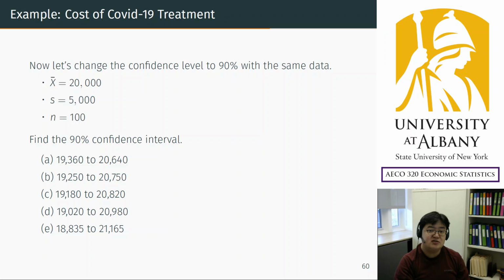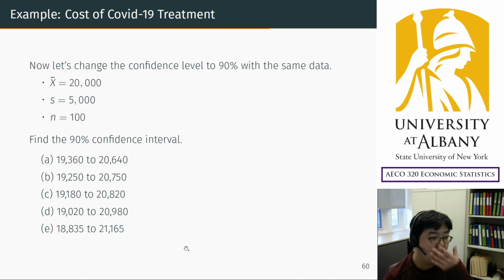Now let's change the confidence level to 90%. Now the insurance company can allow more error probability, can be more generous to errors. The numbers are the same, but calculate the 90% confidence interval by yourself. Pause the video, do the algebra.